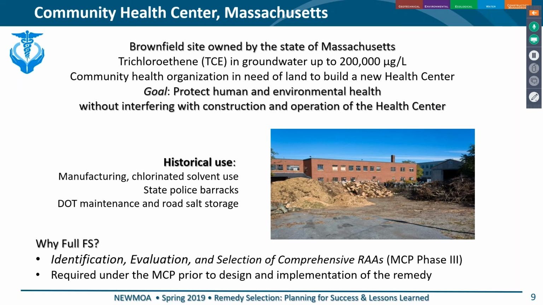And the reason we did the full FS is there was no imminent hazard. There was no building on there right now, and as the building was going up, we could incorporate protective measures. And we knew that we were going to go to full-scale remediation, so we needed a full FS.